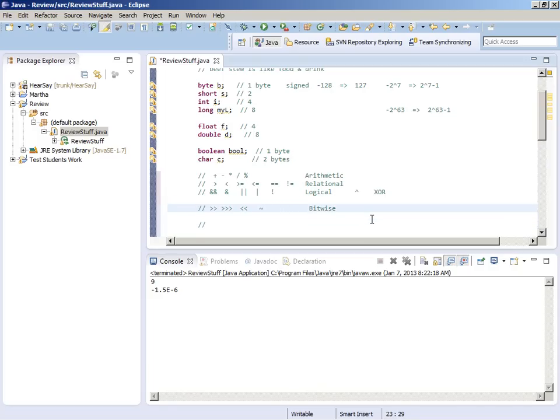There is a bitwise and there's a bitwise OR. So the same symbol is used for different things. So if you have an int and an int, I don't want to go down this path too far. What is 15 and 6?